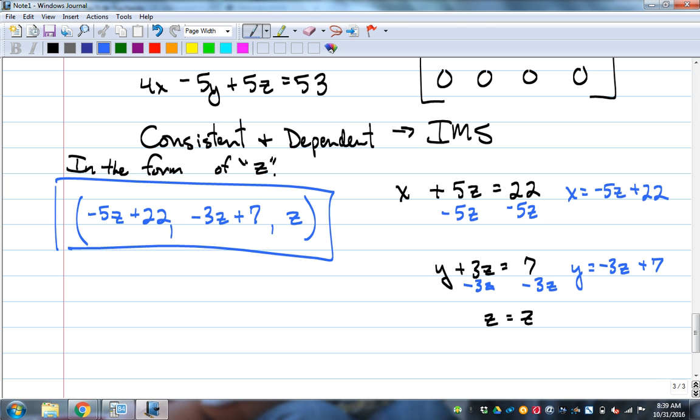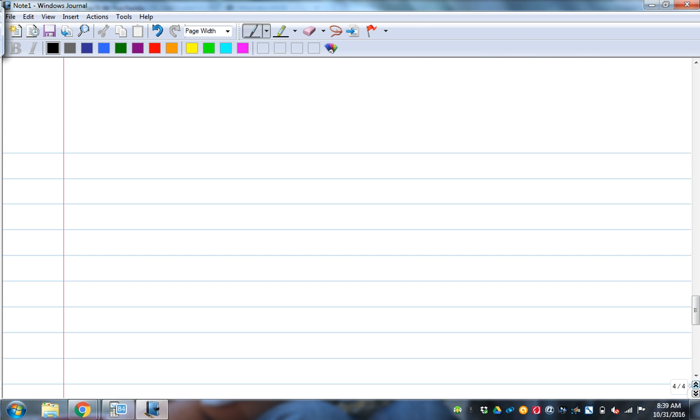Let's look at an application that we can use systems of equations for.